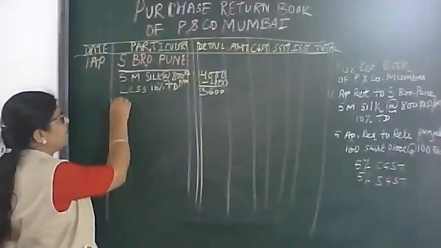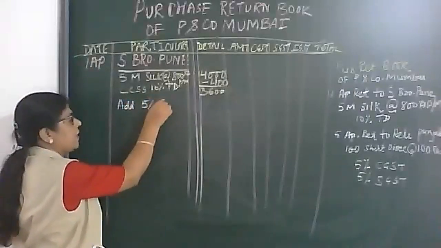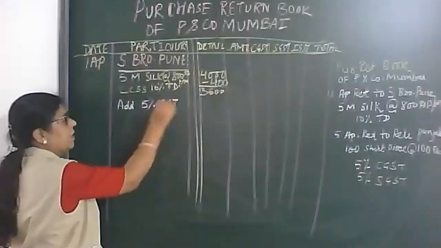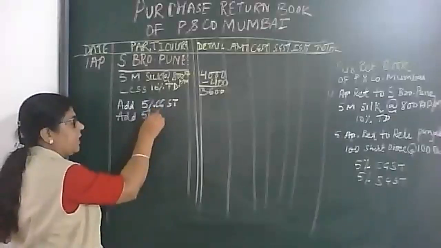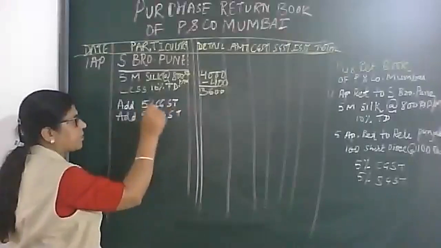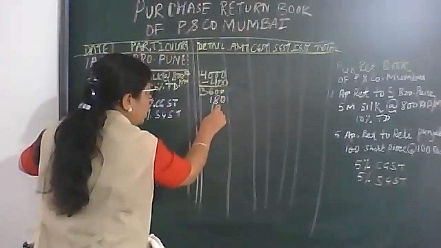So add 5% CGST, add 5% SGST, that will be 180 and 180.